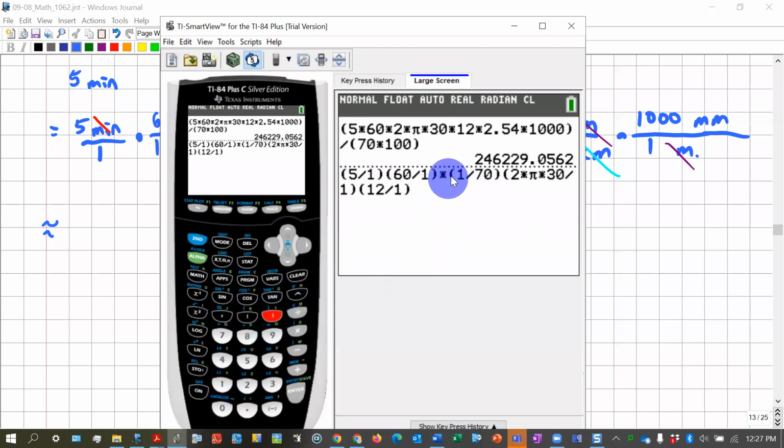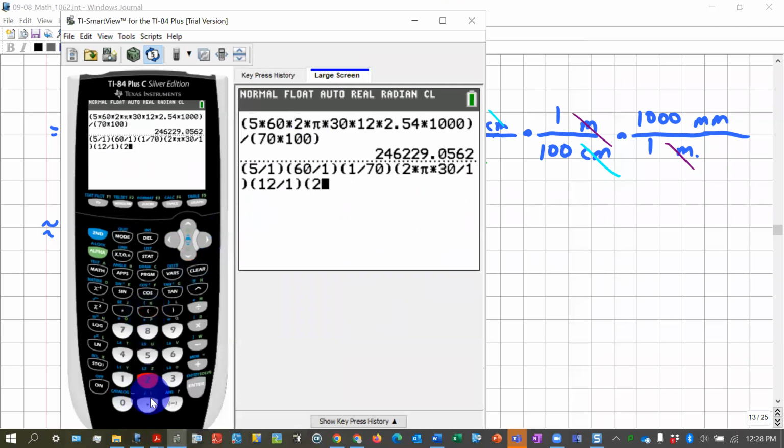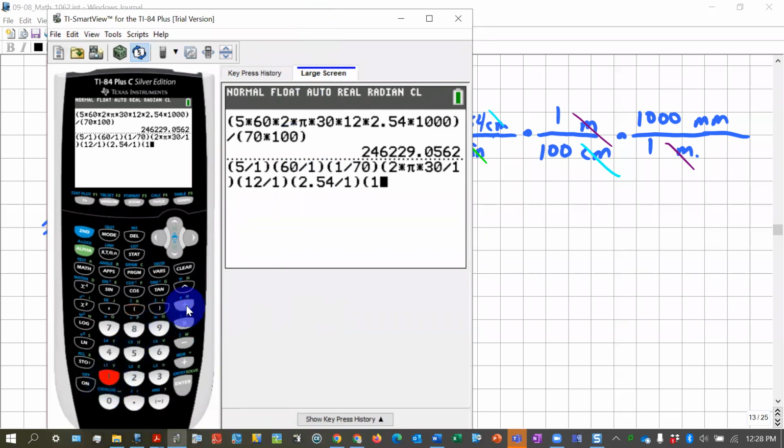And my calculator knows implied multiplication, so I wouldn't need that multiplication sign right there if I didn't want it. It's important to know not only that your numbers are correct, but also do you know how to type it into your machine so that you will get the right answer?